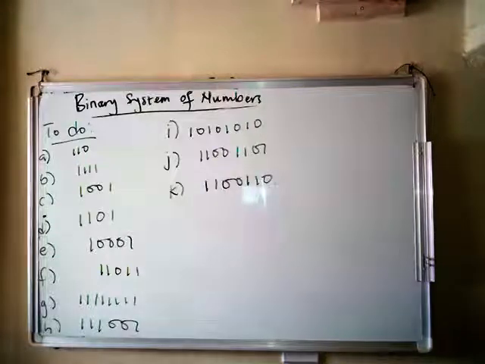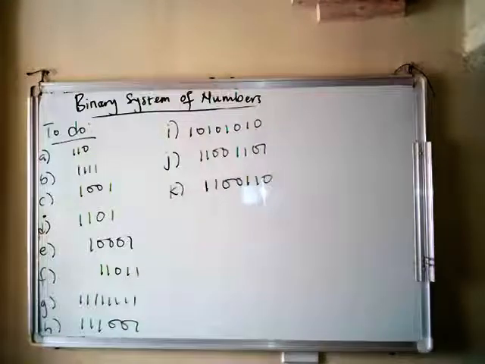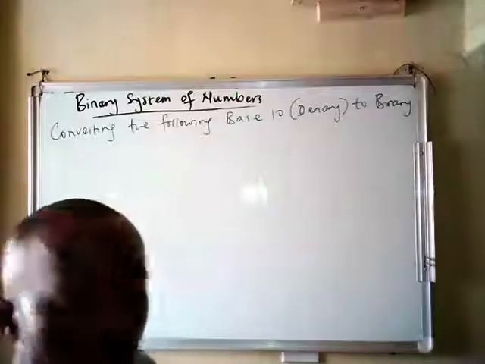Then the J you have 11001101. Then you have your K 111000111. I think we have done this one.